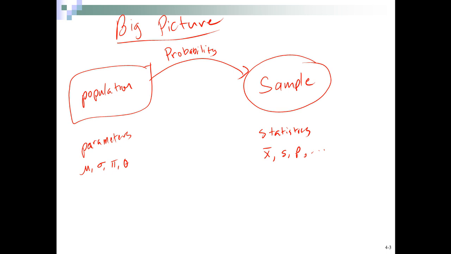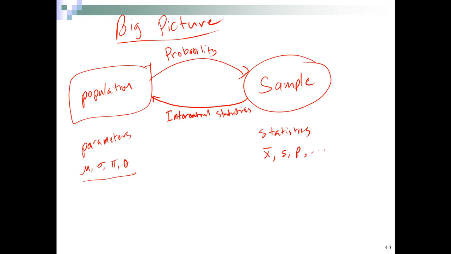And so by making assumptions about the parameters, we can use probability to make statements about how likely the statistics are, and that then allows us to do what we call statistical inference, or inferential statistics, to make statements about how likely these observations are.